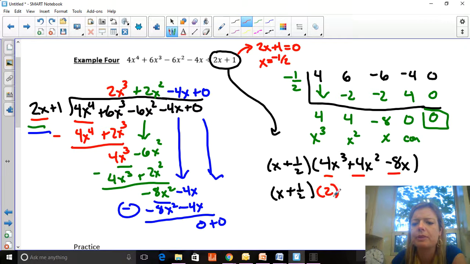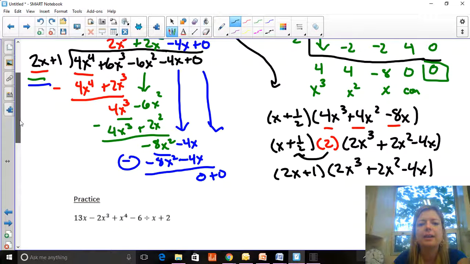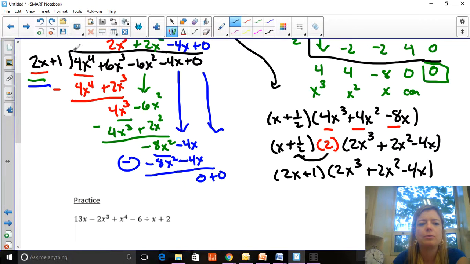So I've pulled out a 2, and so I'm left with 2x cubed plus 2x squared minus 4x. Okay, and now I'm just going to multiply this 2 through to that bracket. So that gives me 2x plus 1 bracket 2x cubed plus 2x squared minus 4x. Okay, so there you have it. That's how you make it look the same as you do over here.